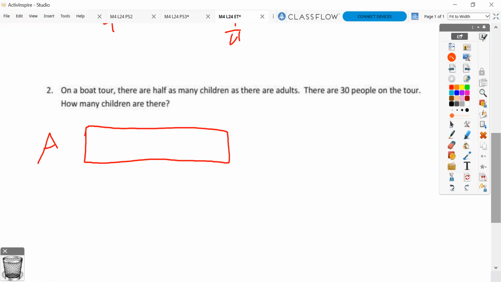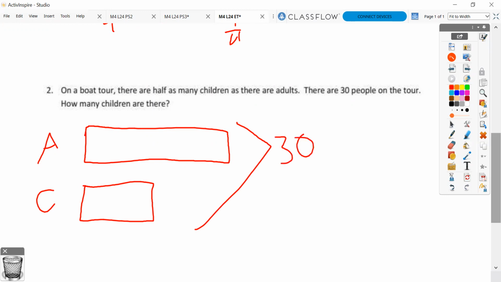So if this is our adults, there's half as many children. But we know that all of these, there's 30. So if I think about cutting that in half, I'll use dotted lines because it's really not half, but how many parts are there? 1, 2, 3. Okay, 3 parts, 30 people.